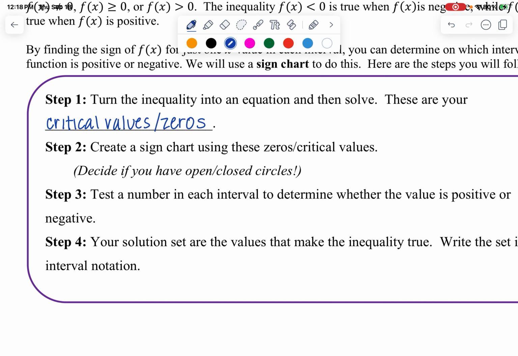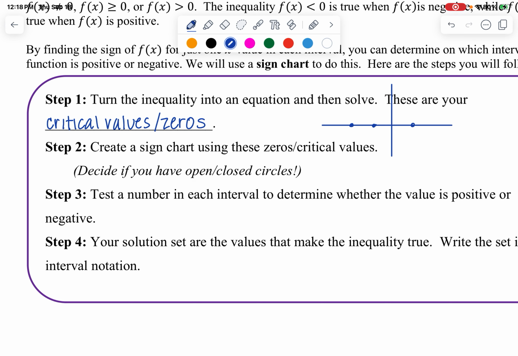When I say or, I mean you can refer to them as either, because your critical values are your zeros. Basically, let's say this is an x and y axis right here. We are going to find where the function hits the graph. So let's say it hits in those 3 places. We're going to find those 3 values. And there can be 5, there can be 1,000, or there can be 1, whatever.